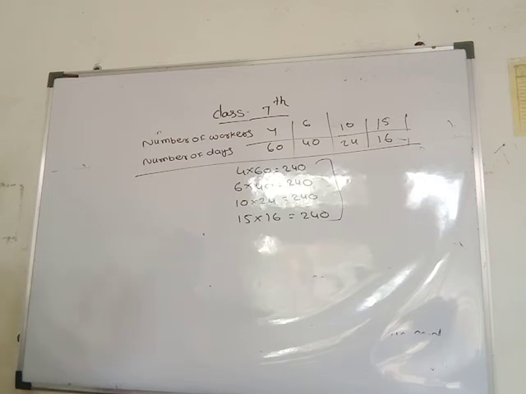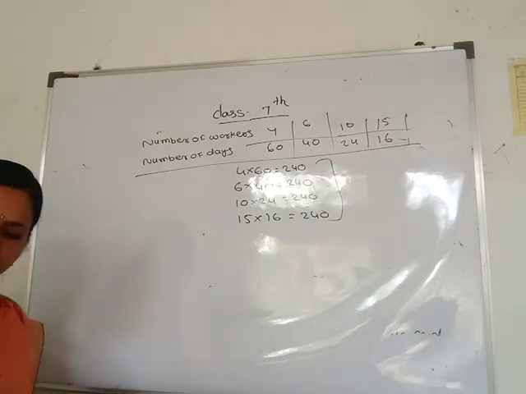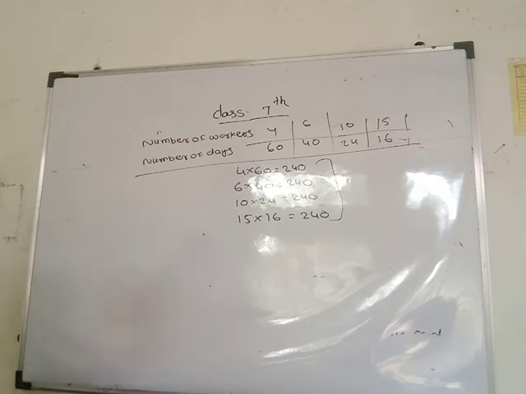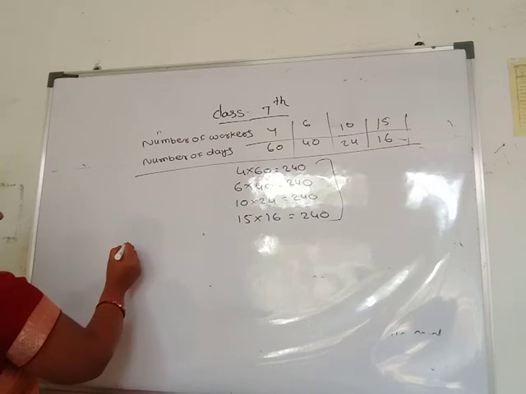Then see one example here. If 12 laborers take 70 days to complete one work, then how many days will 21 laborers take to complete the same work? So here 12 laborers take 70 days to complete one work. Then you write here, solution.